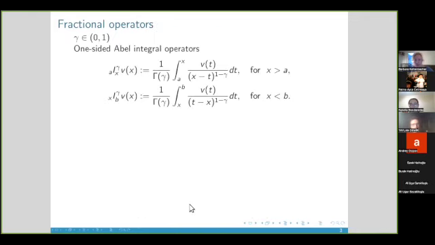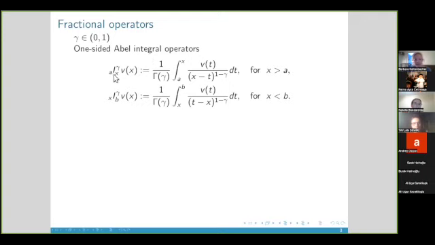Just to explain what these fractional derivatives are. First of all, these are defined via fractional integrals. And these fractional integrals are these Abel integral operators.